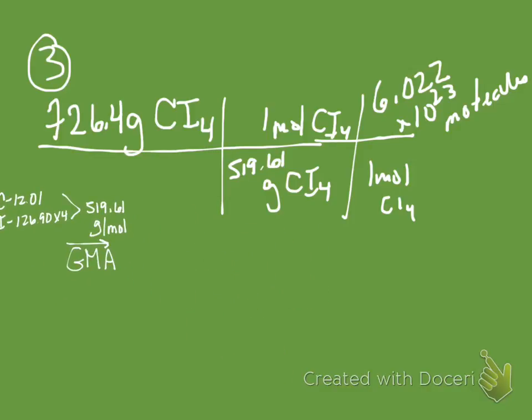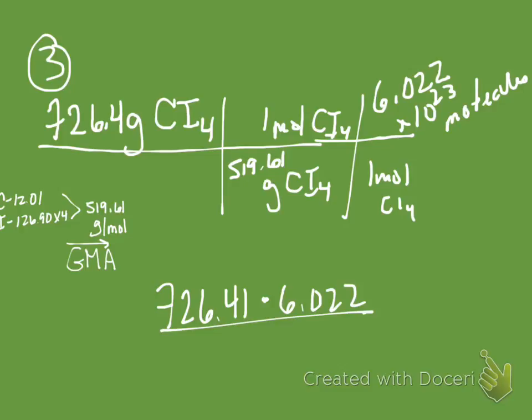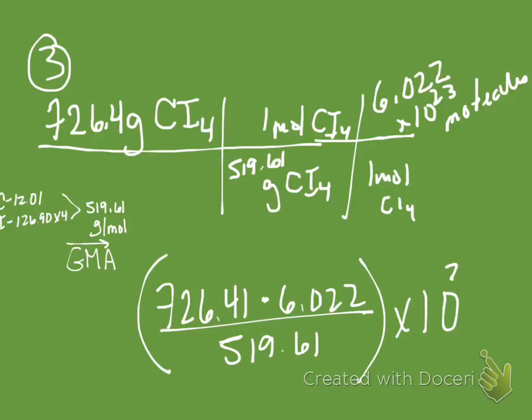So many of you remember when doing these, we can take this nice little abbreviated view of the world, times 6.022, all divided by 519.61. That whole mess times 10 to the 23rd. The nice thing is that actually works out to a number where you don't have to move the decimal, something that I frequently screw up.